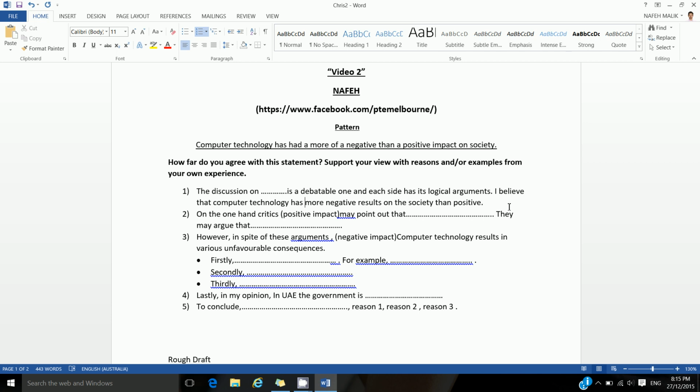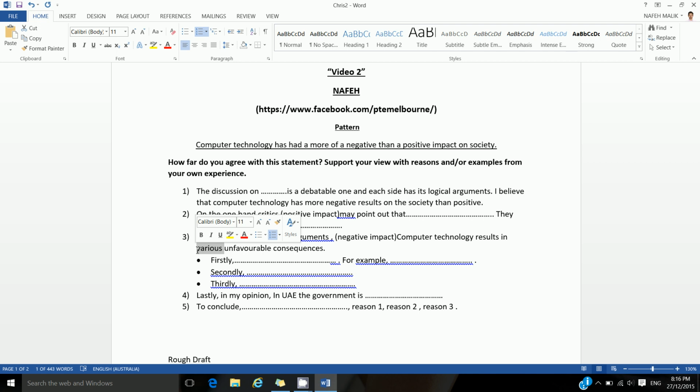Now, why have I written this word various? This is very important. Concentrate over here. When you have various, you can write firstly, secondly, thirdly. Now it gives a flowing impact on the essay. It's like the essay is flowing, and this is what coherence is all about.